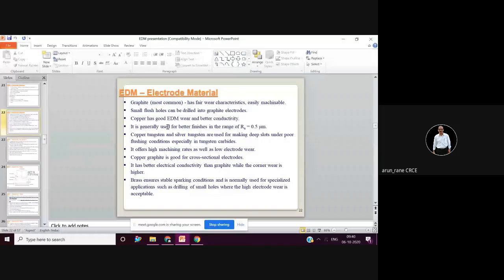A good EDM machining philosophy includes three electrodes: one for roughing, a second for semi-finishing, and a third for finishing.